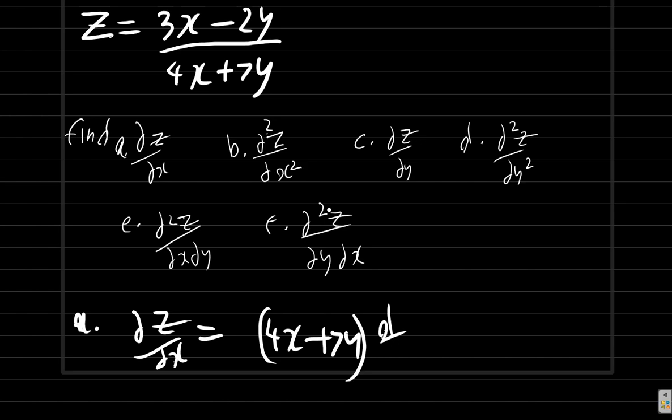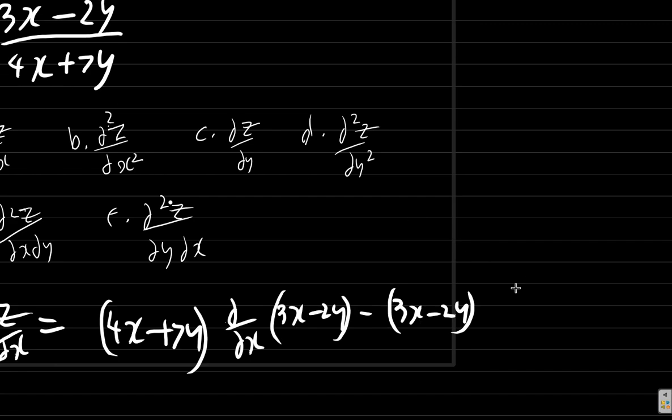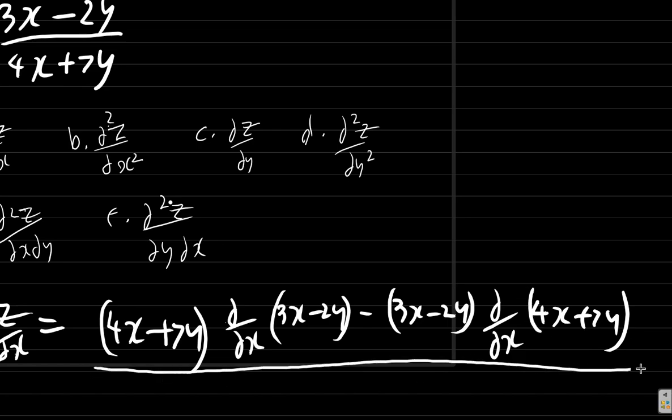It's ∂/∂x of (3x minus 2y), minus, hold the top, (3x minus 2y), times, differentiate the bottom, ∂/∂x of (4x plus 7y), divided by the bottom squared, (4x plus 7y) squared.